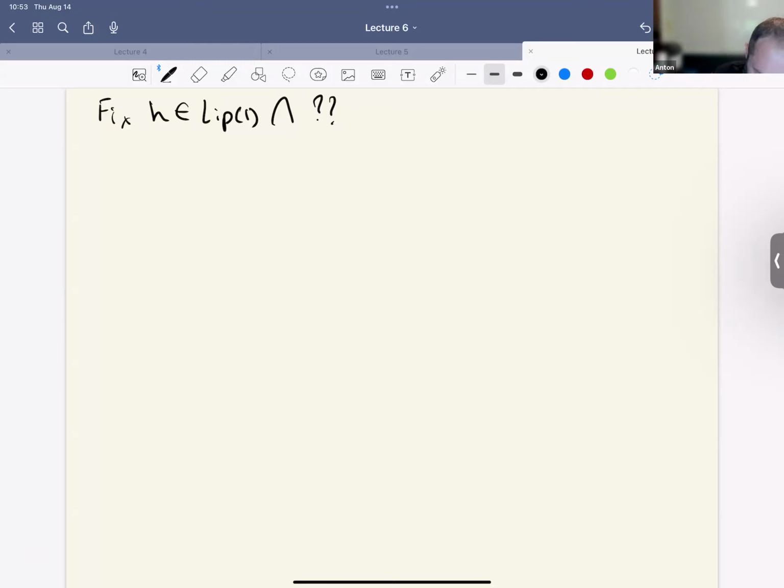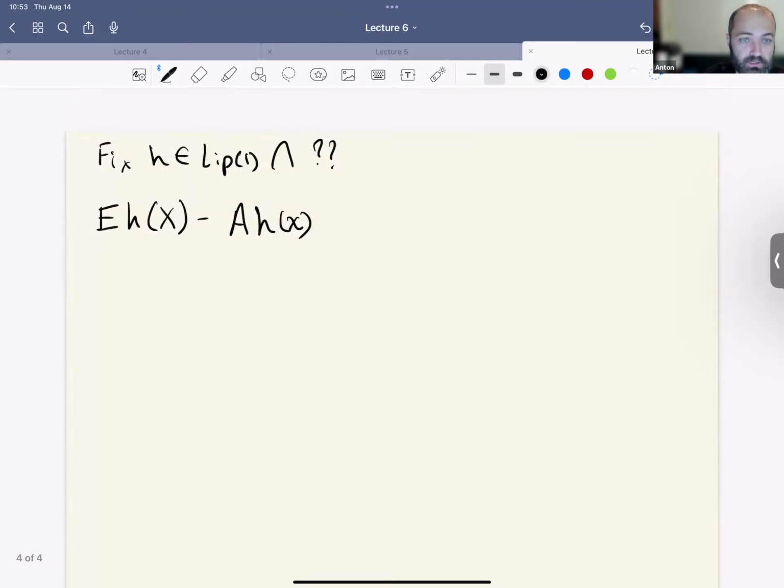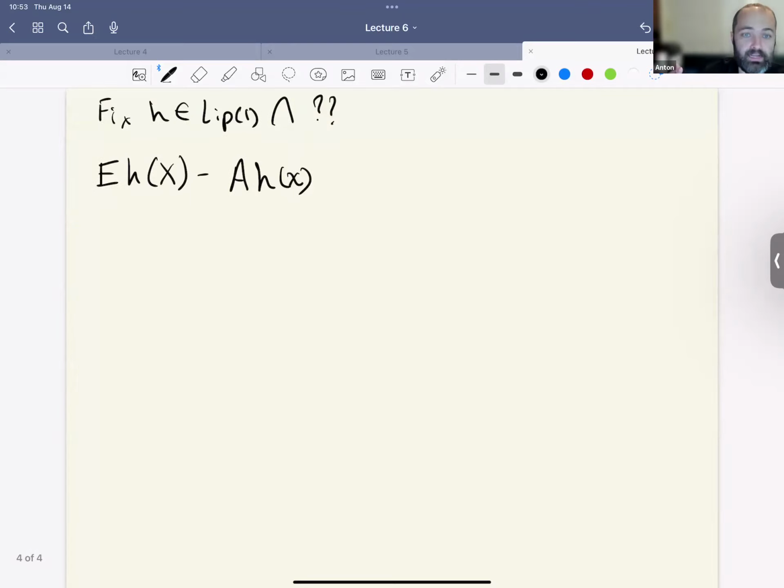Let A be our operator, and let's get at it. We start with the right-hand side of the Poisson equation, except instead of the grid valued H, we look at the very natural extension A H of X. So far, we're not guaranteed that this satisfies anything, by the way. So this is X and R.